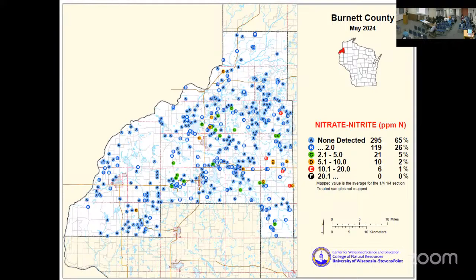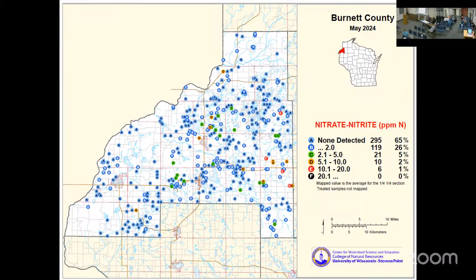There were 6 samples, under 1%, that were considered unsafe or unsuitable as a drinking water source. This is not typical of Wisconsin. If we were to test all the wells in the state of Wisconsin, we might expect about 10% of them at any given time to exceed that drinking water standard. And here in Burnett County, you're looking at less than 1%.